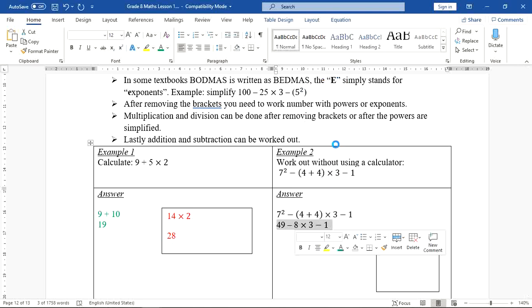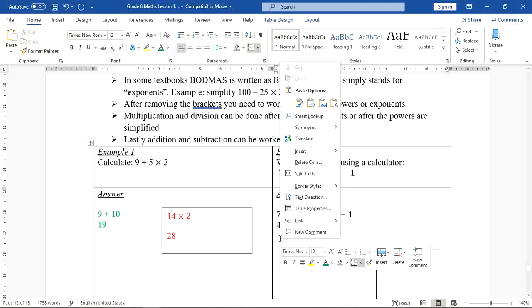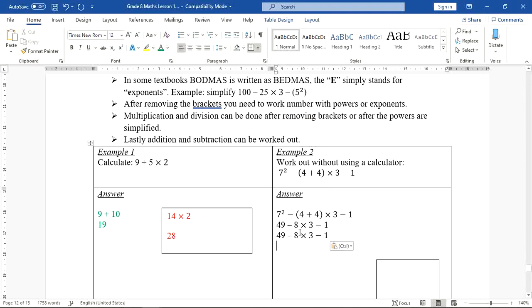By the way, you are going to do some such questions in paper 1, and in paper 1 you are not allowed to use a calculator, so you need to know your multiples. That's why we did the multiples earlier.